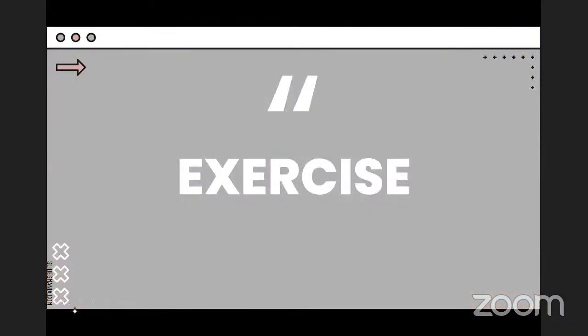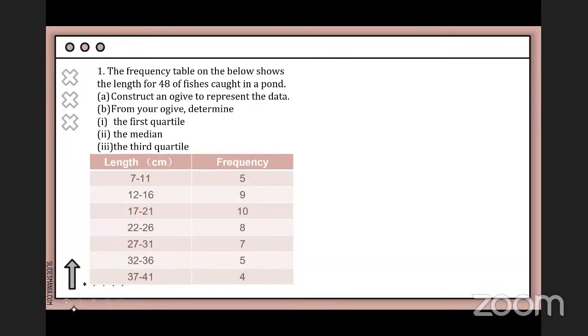All right, and we'll go to the exercise. Again, the frequency table below shows the length of 48 fishes caught in a pond. Construct an ogive to represent the data. From the ogive, you should determine the same thing: the first quartile, the median, which is also known as quartile 2, and the third quartile. And from here, this is the data given, and you should use this data to construct an ogive.